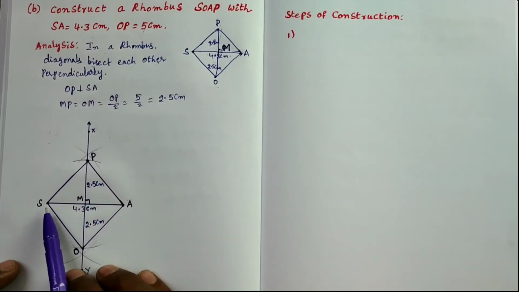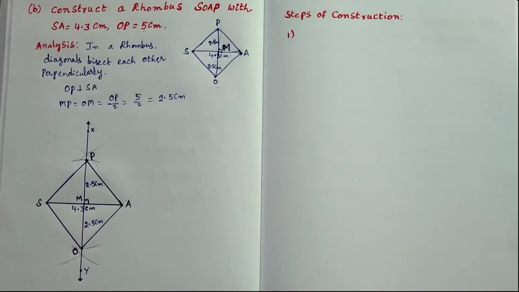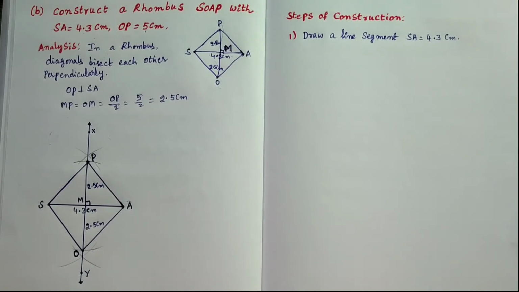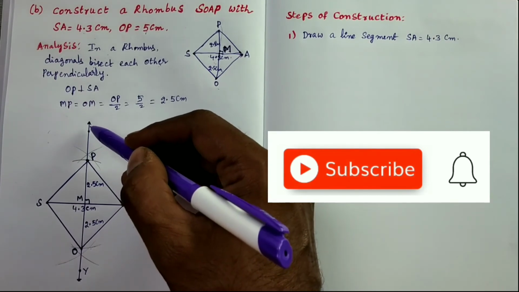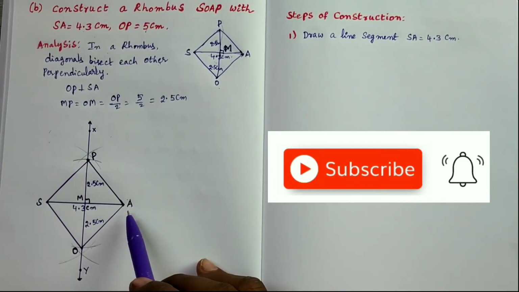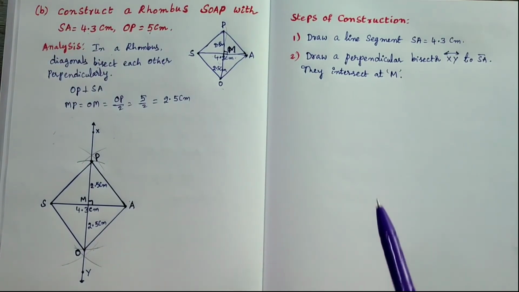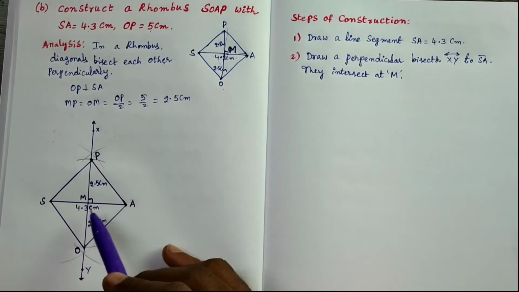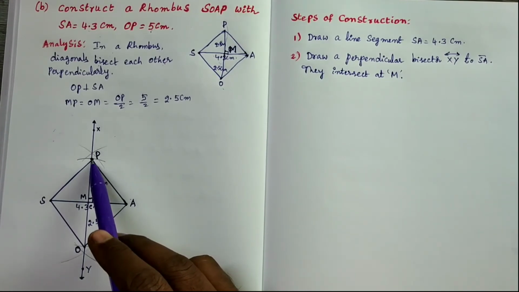Next, the steps of construction. The first one: draw a line segment SA equal to 4.3 centimeters. The second step: draw a perpendicular bisector XY to SA. They intersect at M. The third step: take M as center, 2.5 centimeters as radius, draw an arc.